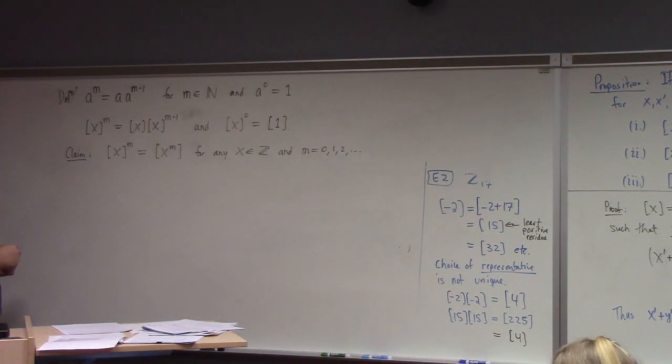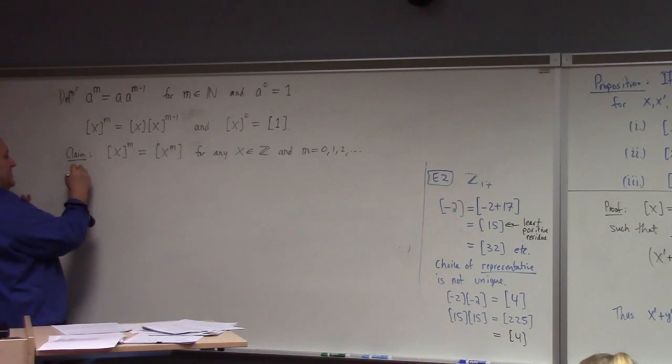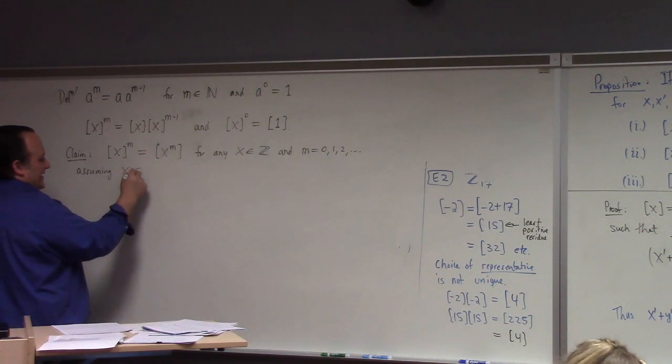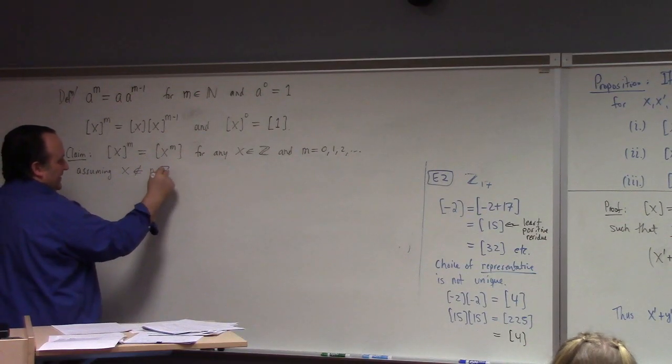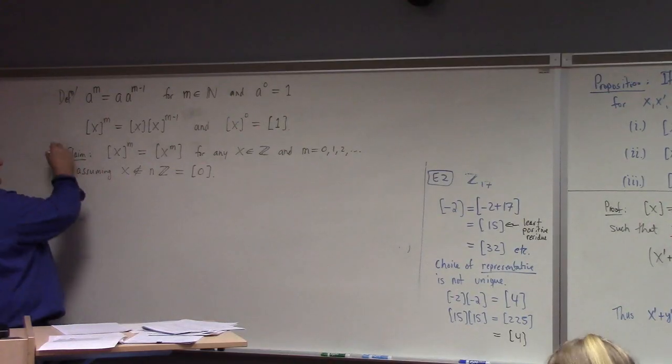Although I probably should suppose that, let's not talk about 0, assuming x is not an element of nZ, right? nZ, by the way, is the equivalence class containing 0.